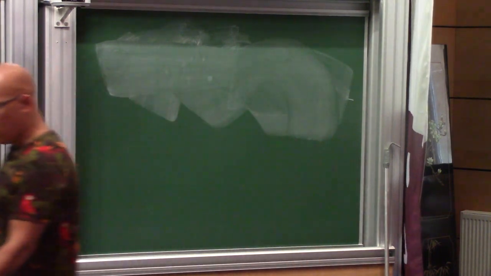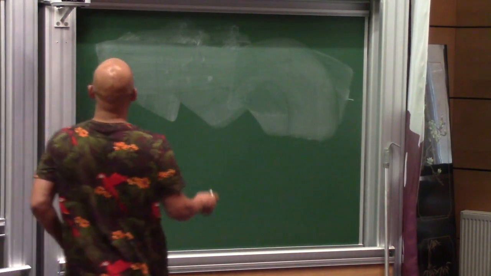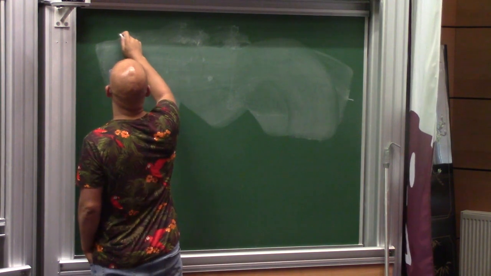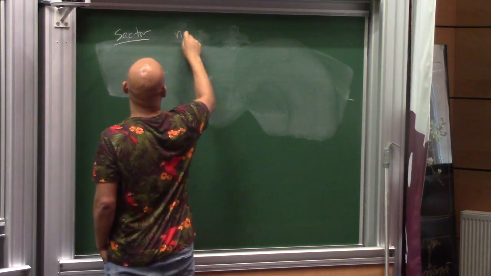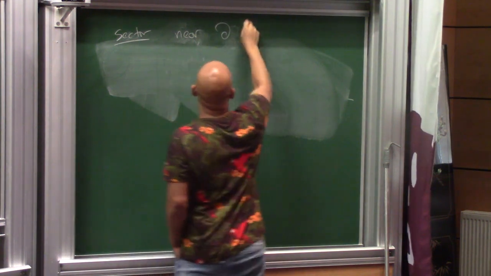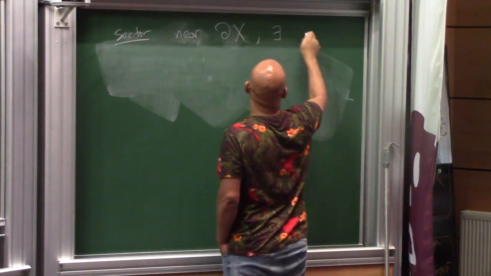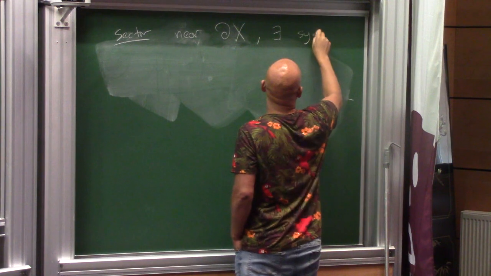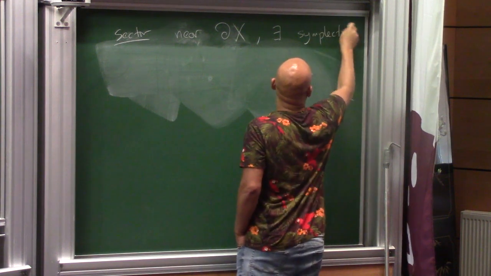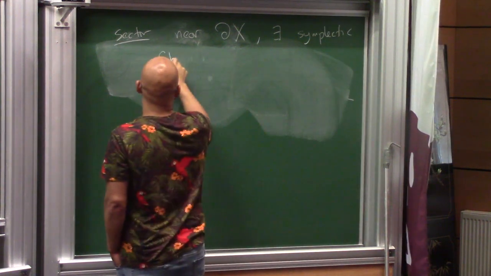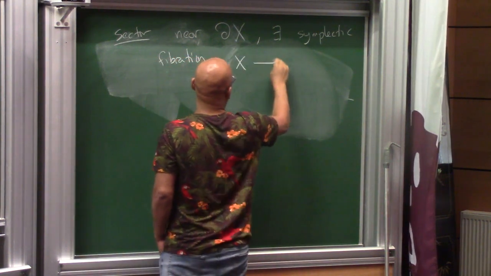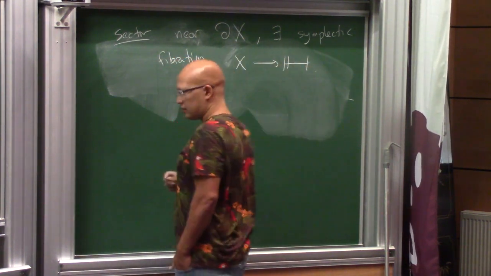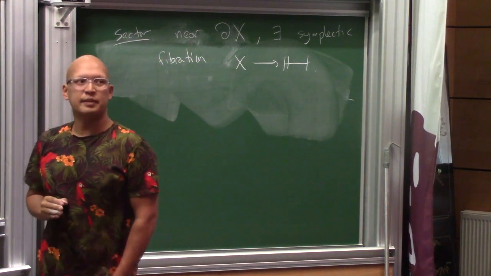So someone asked to recall what a sector is. One way to define a sector is to say that near the boundary, there exists a symplectic fibration from X to a half plane. And that's what it means to be a sector.